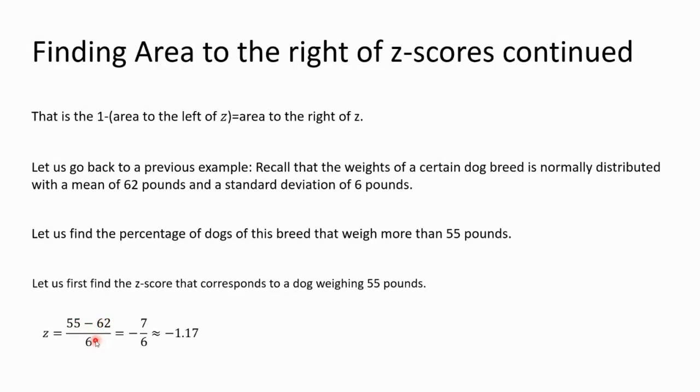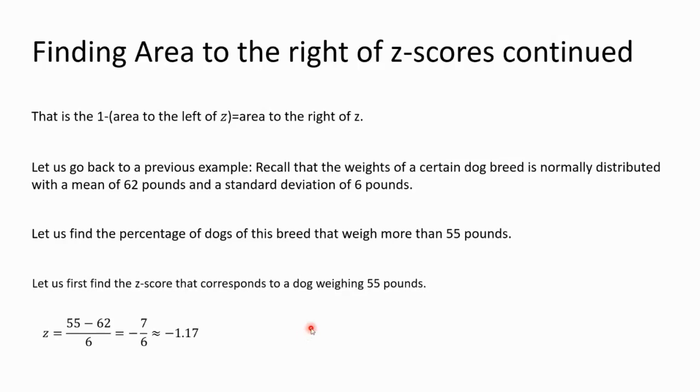We get negative 7/6, which is about negative 1.17. So that's the Z score for 55 pounds in this problem.